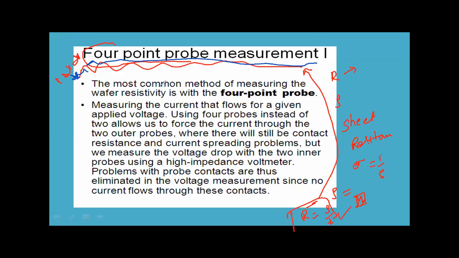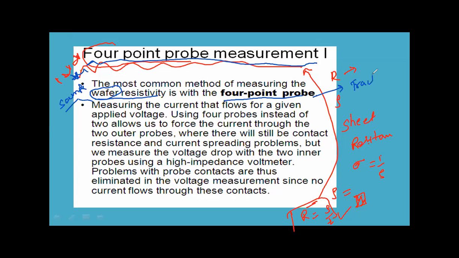It is the most common method of measuring wafer resistivity. Don't think only of a wafer. A wafer is a kind of silicon sample, but it could be any sample. Wafer resistivity is measured with a 4-point probe. What does probe mean?